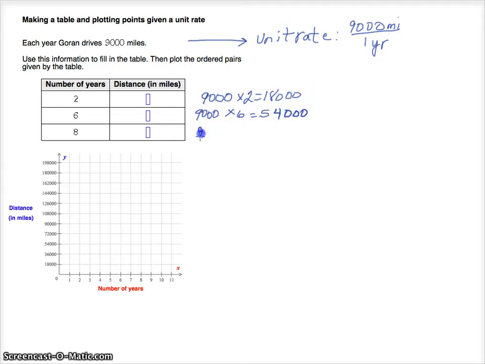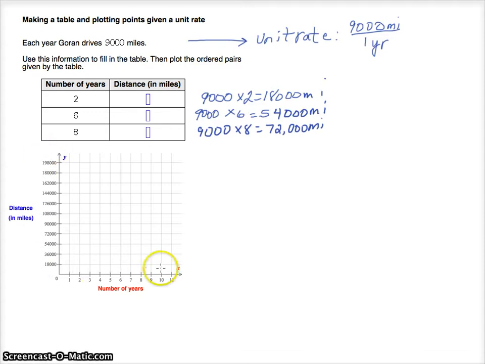And again, for 8 years, we'll say 9,000 times 8, and that's going to give us 72,000 miles. And all of these answers can go into this box right here. You'll put these answers in the blue box.